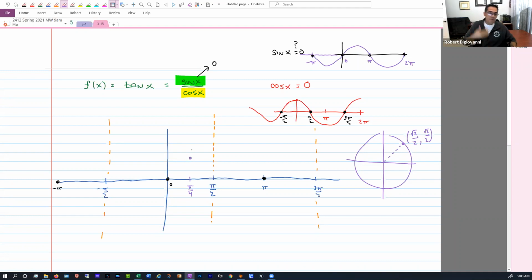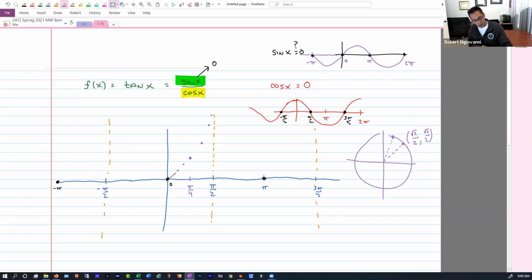And if we kept plugging in different values between 0 and pi over 2, maybe pi over 3 or something like that, and got on our calculator and did it, what we would see is that the closer you get to pi over 2, the larger the numbers would get. And the closer you get to 0, the smaller the numbers would get.